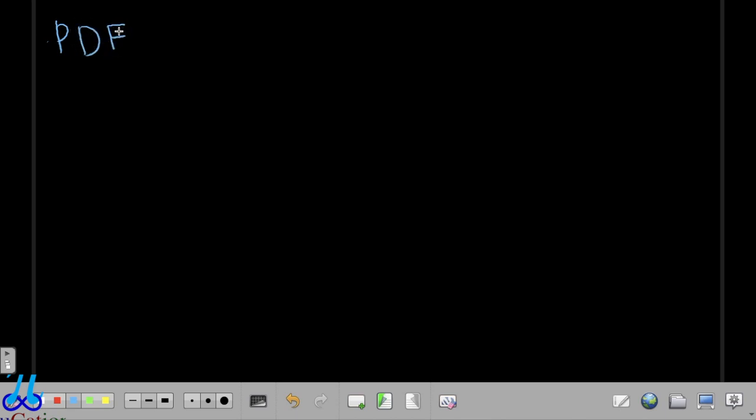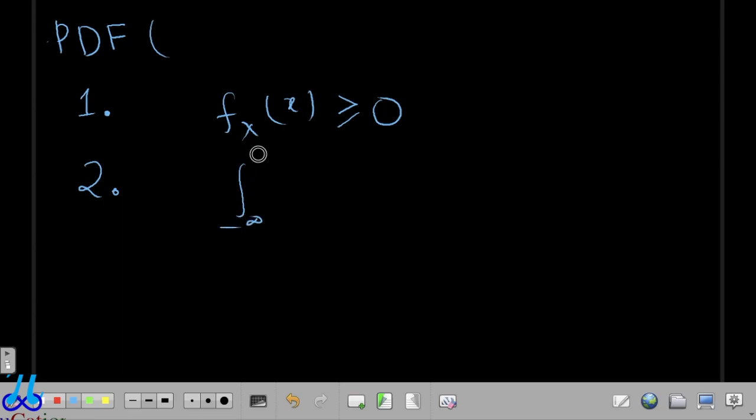Probability density function. The first property of this probability density function is that small f of x is always greater than or equal to 0. It means it is a non-negative number. The second property is that the integral from minus infinity to infinity of f of x dx is equal to 1.